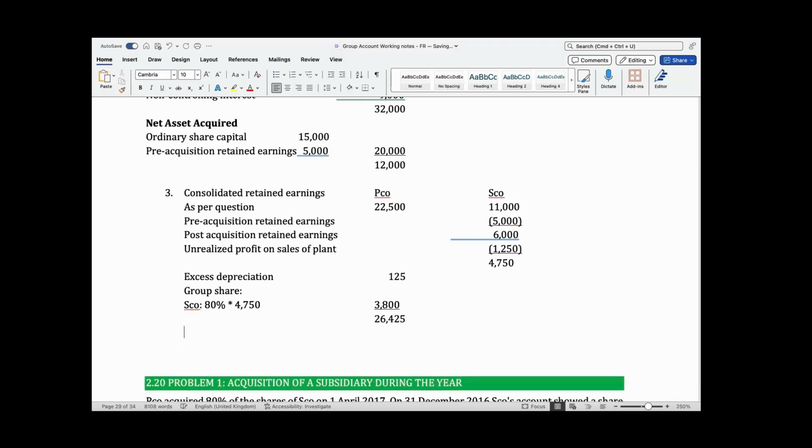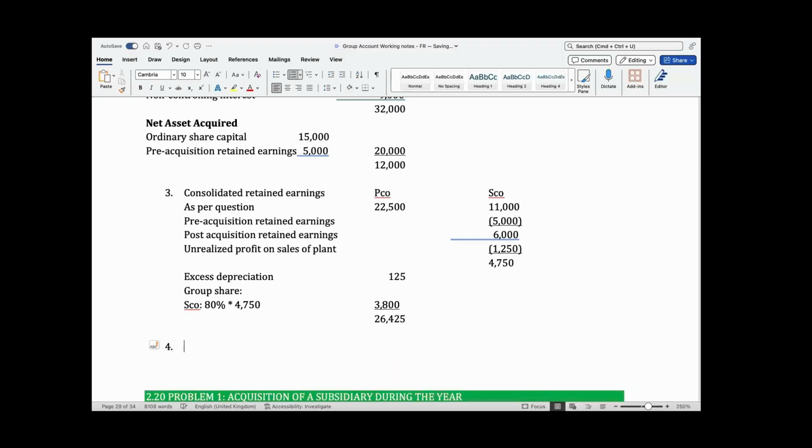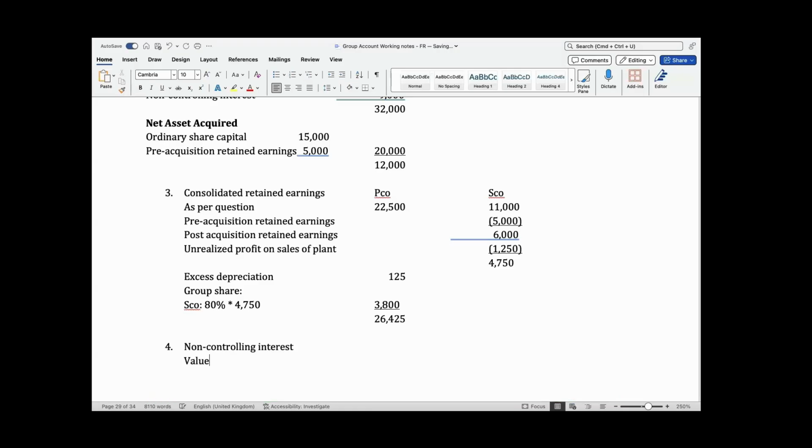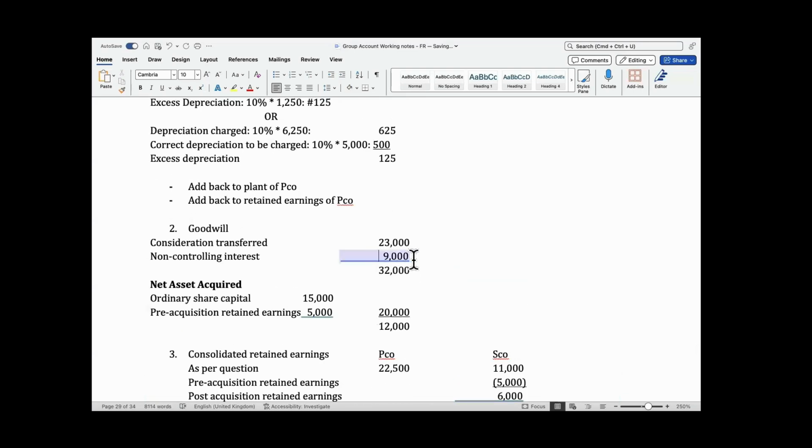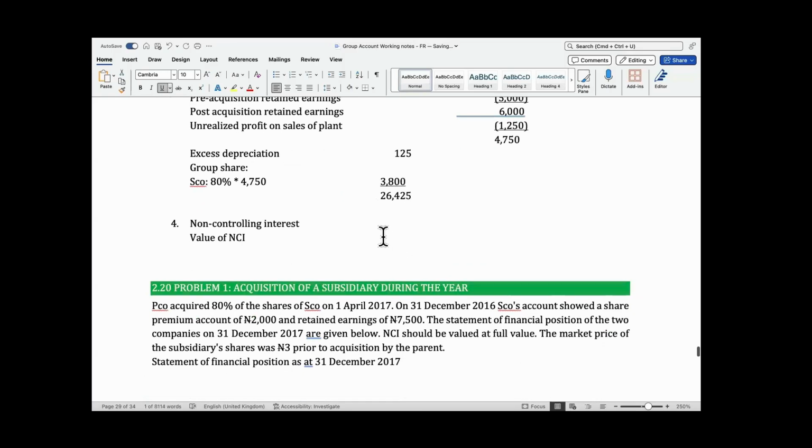Non-controlling interests. What's the value of NCI? 9,000.